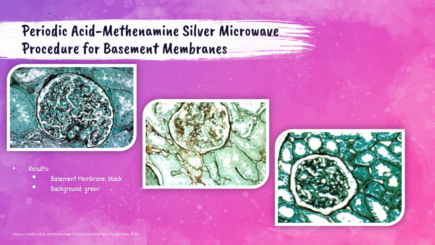When stained with the periodic acid methenamine silver microwave procedure technique, basement membrane should be black in color and the background should be green. The photo on the far left-hand side of the slide here shows a kidney glomerulus that is stained with this. So this is a great example, and Dr. Carson describes that a good stain will show the basement membrane like it was drawn with ink.